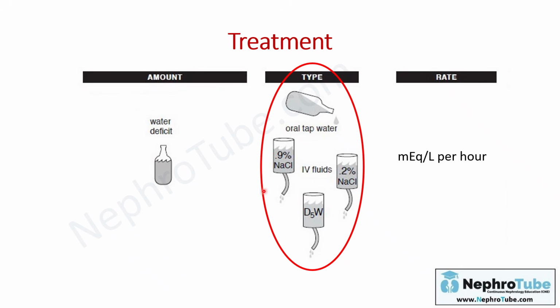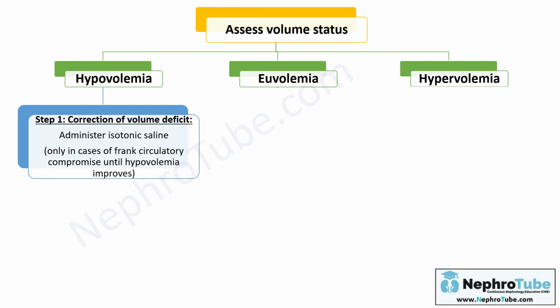So which type of fluid is suitable for different patients to replace water deficit? If the patient is hypovolemic and there is evidence of hypovolemia, first you have to correct volume deficit by administration of isotonic saline to correct hypovolemia and hypotension, especially in cases of frank circulatory shock.